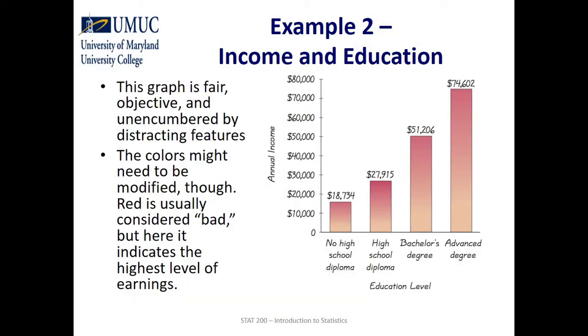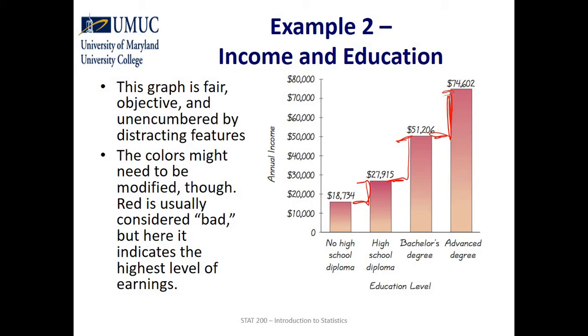Now here is just a bar graph, and you can easily see the scale here. Okay, that difference relative to this difference relative to this difference. So it's a decent graph.